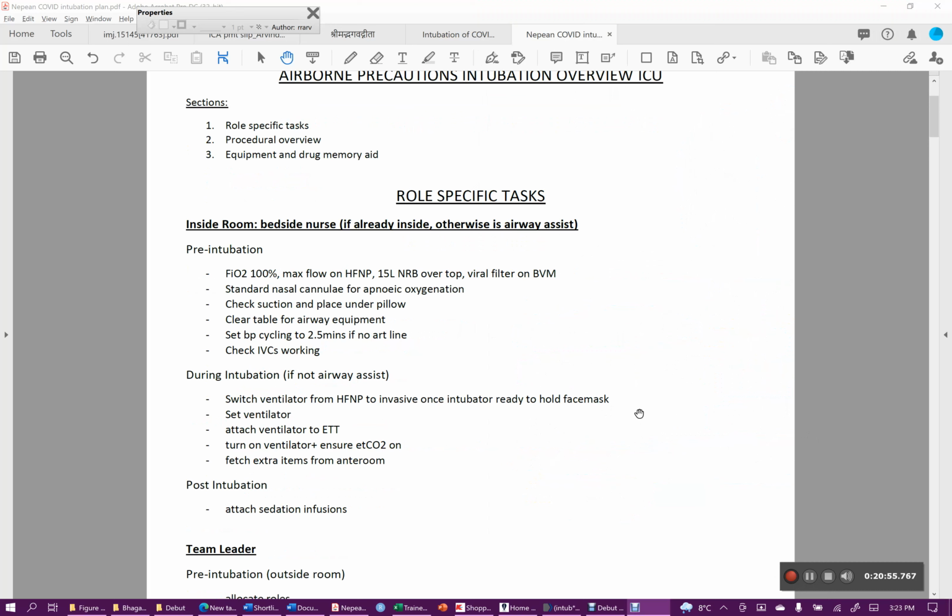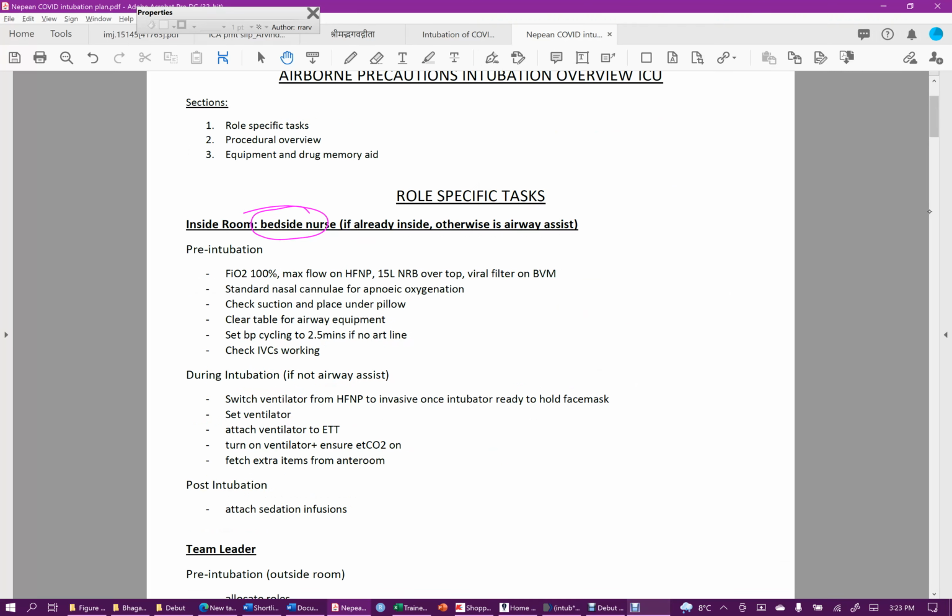Now the bedside nurse, who is inside the room. Their role before the intubation is to pre-oxygenate, nasal cannula, suction, setting everything up. During the intubation, they are going to be the airway assistant. Here we are assuming that it could be a second person to assist the airway.